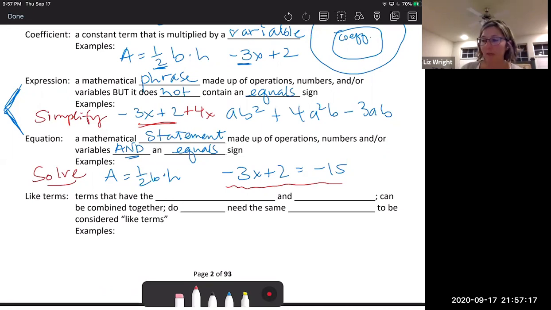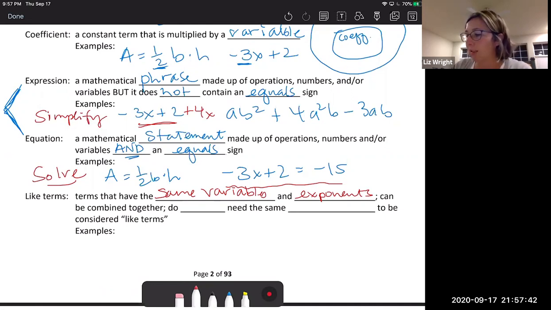All right, so to talk about the next one, like terms. Like terms are terms that have the same variables and exponents. They can be combined together.